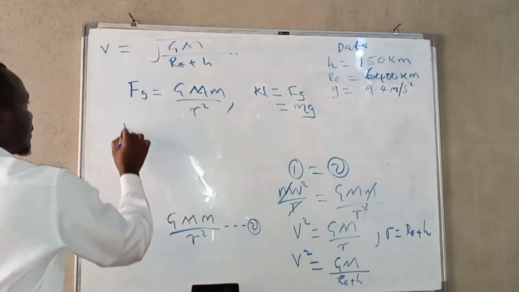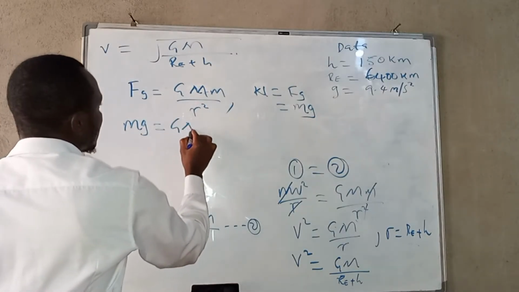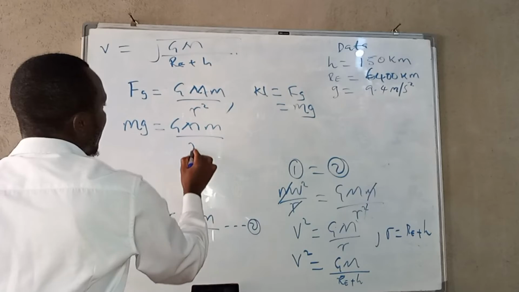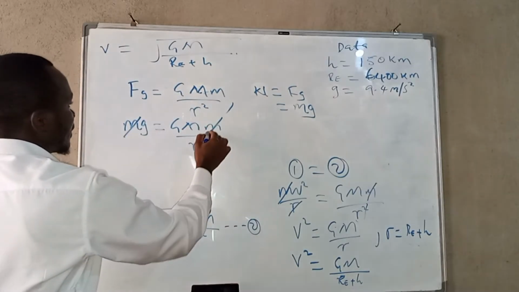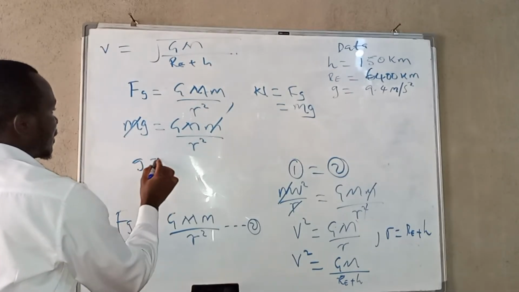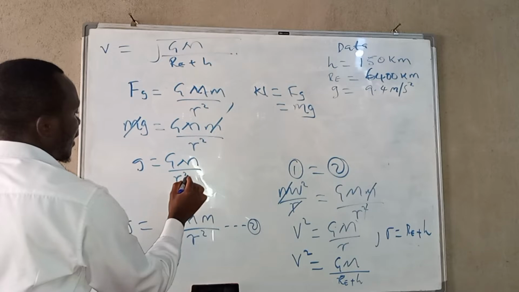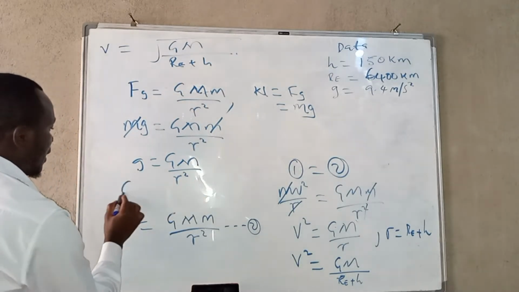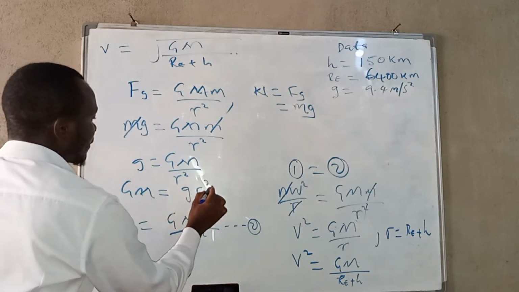So here we have mg is equal to GMm over r squared. The m and m can go, and we're going to have g is equal to GM over r squared. So GM is equal to g r squared.